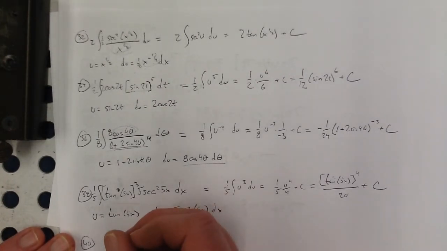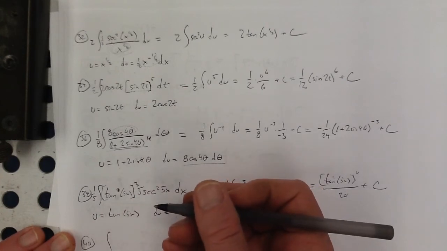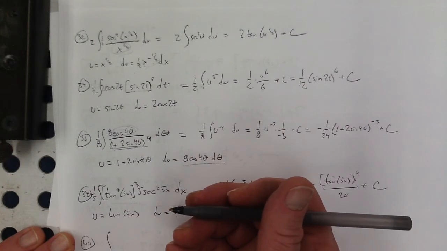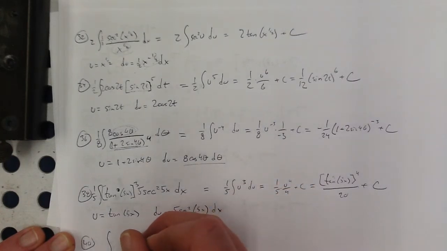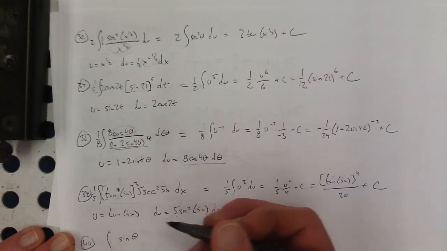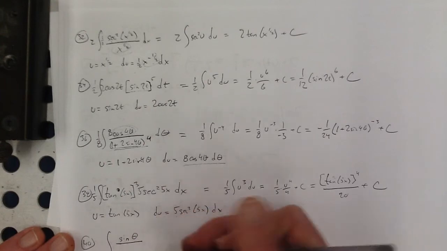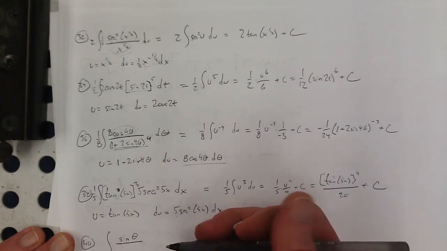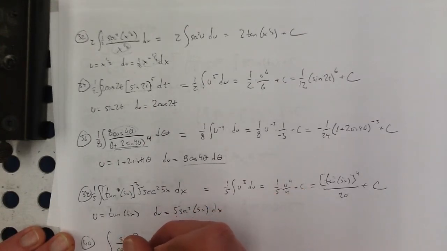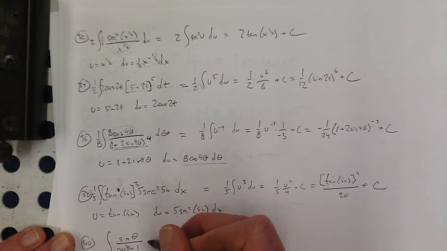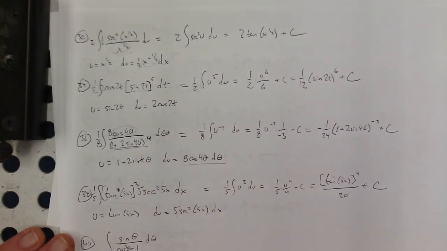So let's see, we've got sine theta over cosine squared theta plus 1. That might send you thinking about trig identities, but since sine squared plus cosine squared equals 1, that cosine squared theta plus 1, I don't know if that's going to get you much. So try different things.